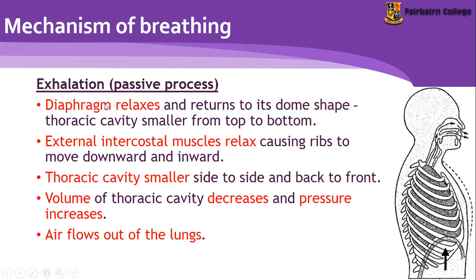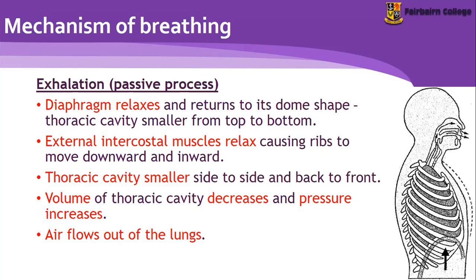So in this case, the diaphragm relaxes, which causes the diaphragm to move back into the dome shape that it had at the start. Then the external intercostal muscles relax, causing the ribs to move back downwards and inwards.